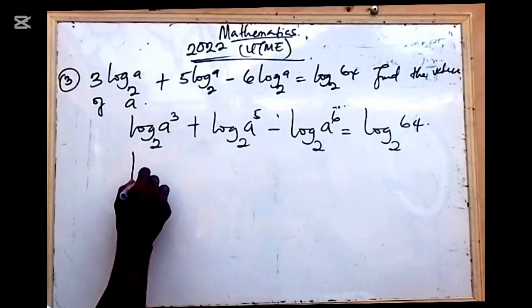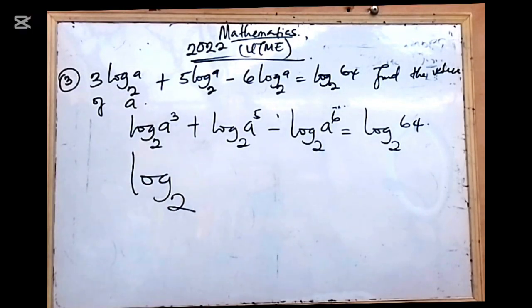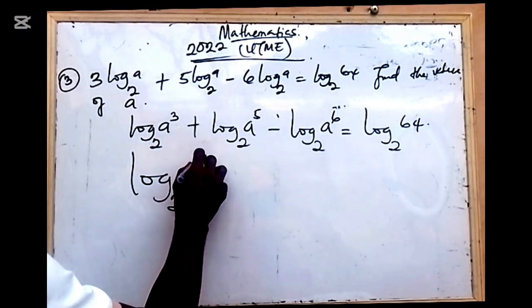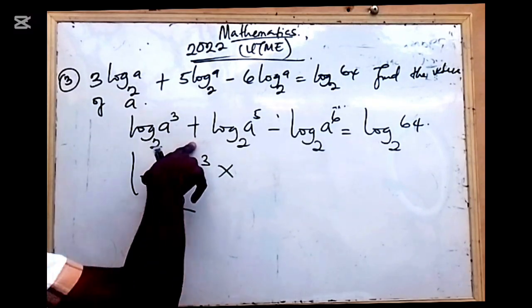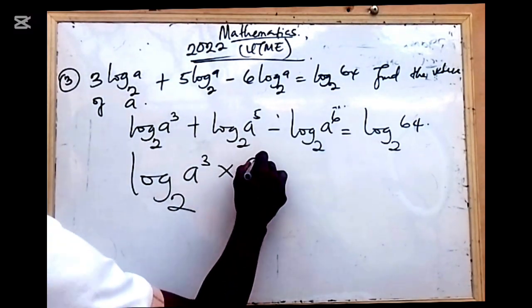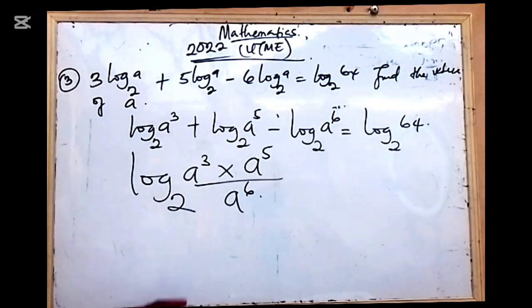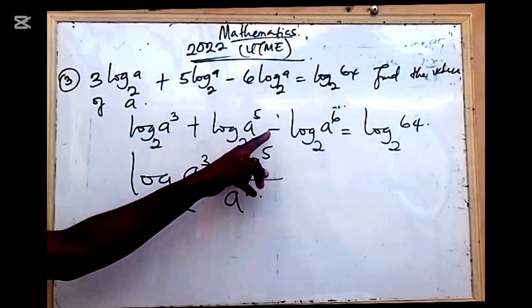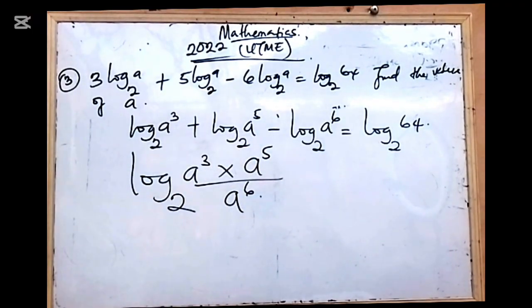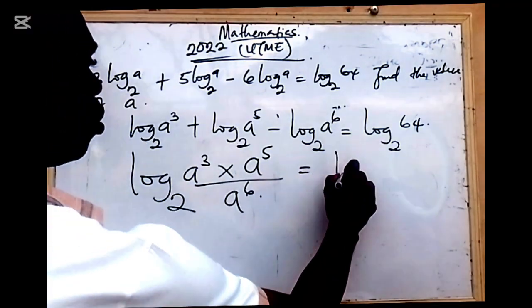It becomes log base 2 of a raised by 3 times a raised by 5 over a raised by 6. Addition turns to multiplication, subtraction turns to division, because they all have the same base, equals log base 2 of 64.